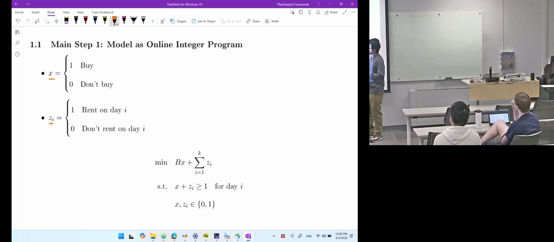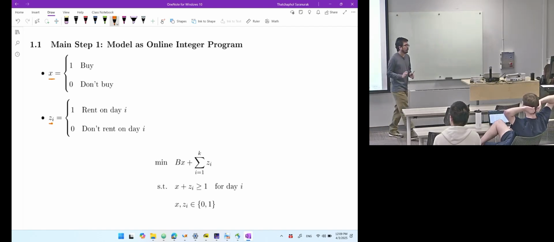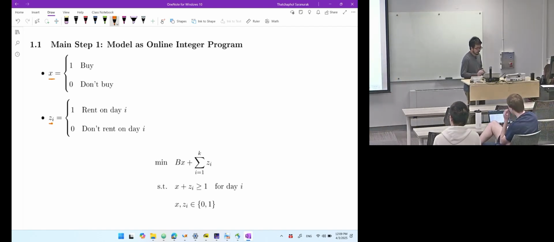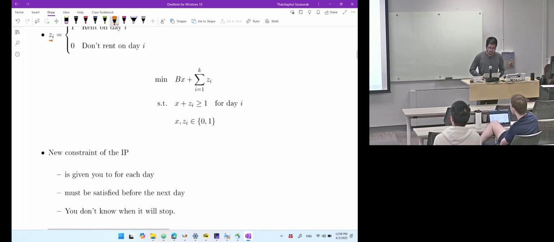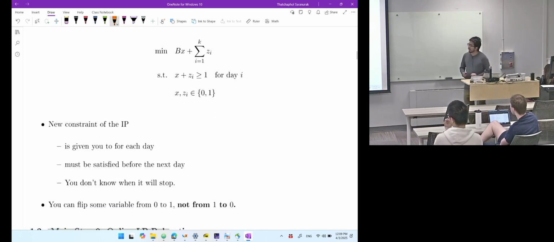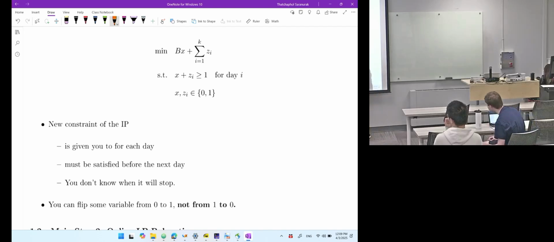But note one thing, this is an online problem. So it means that this integer program is not a fixed one. There's going to be a new constraint per day coming to you.